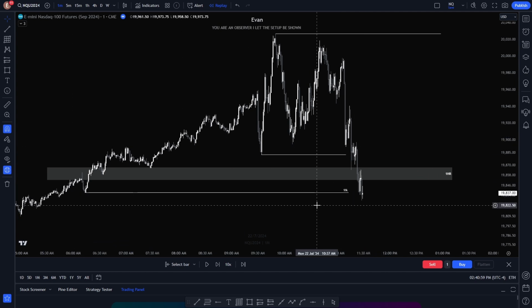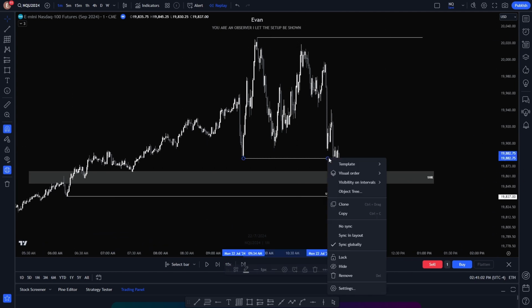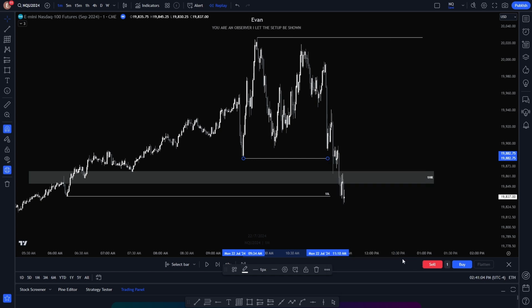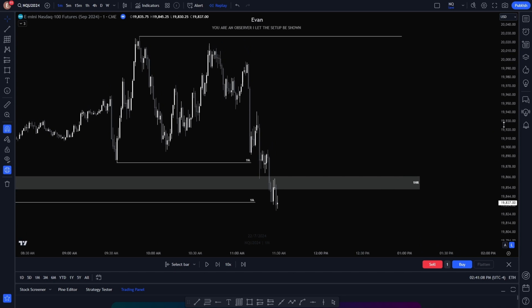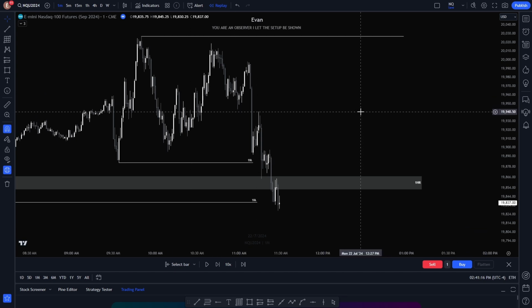We have sell side swept and internal sell side swept right here. Typically I try to look for manipulation as well. Not always will I take a trade where there's manipulation, such as SMTs or accumulation, manipulation, distribution. Those are simply confluences that add to my bias that make the setup more A+.